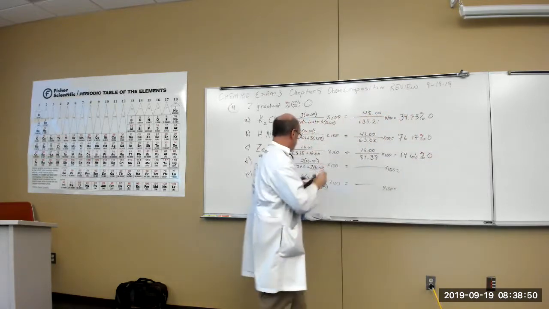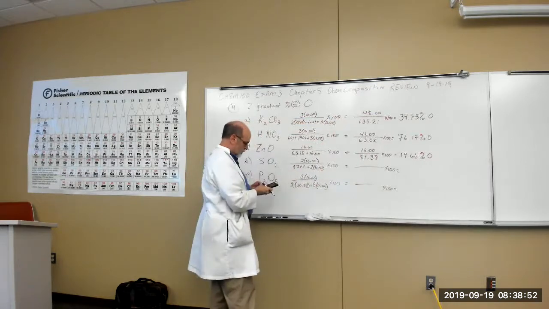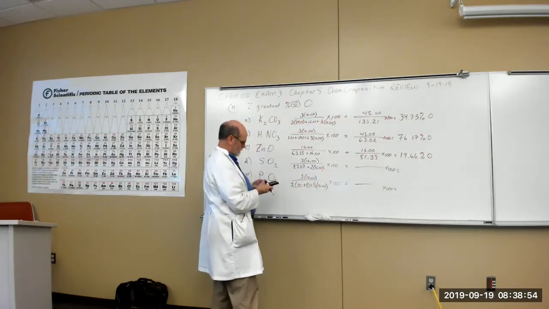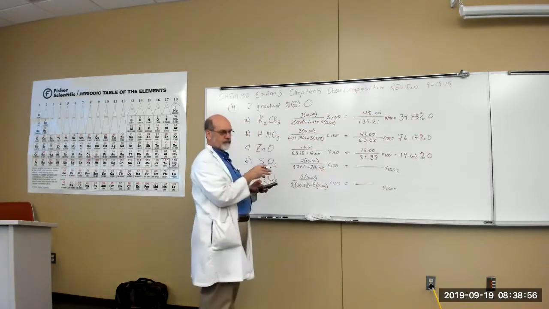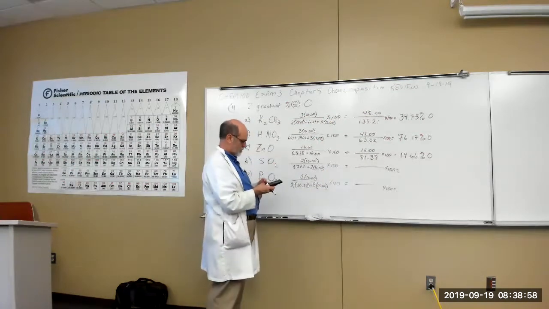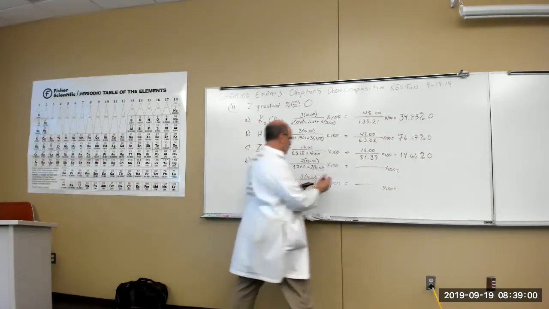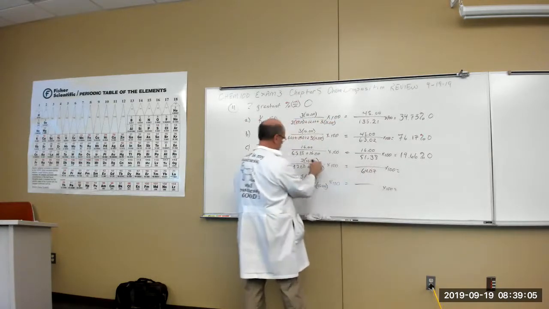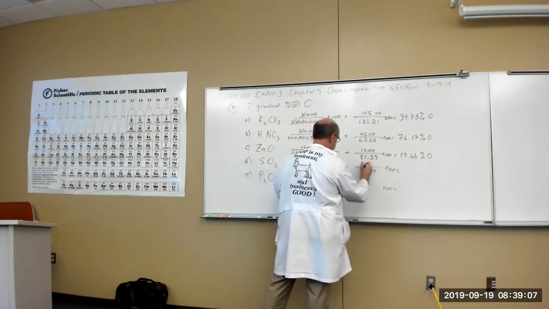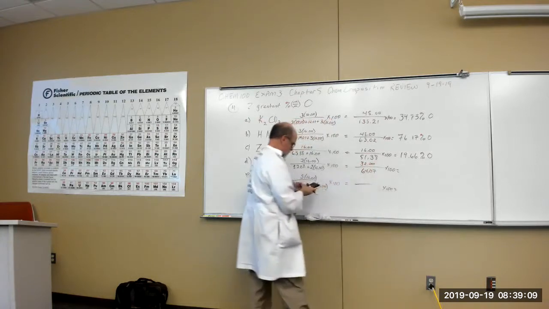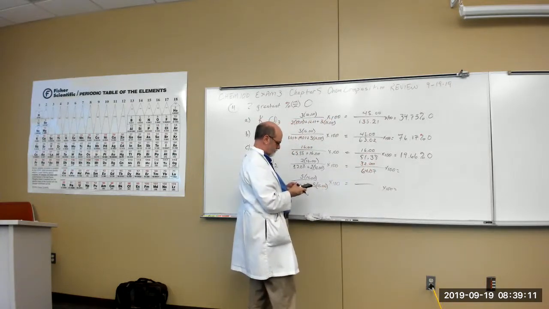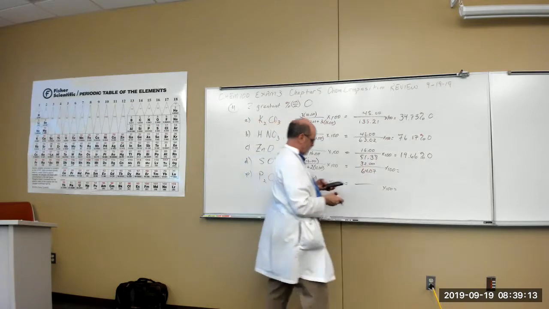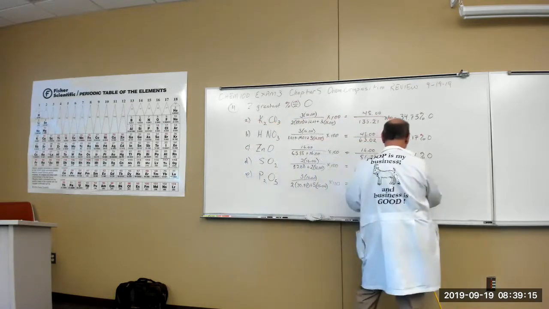Okay. This one is 32.07. And 16 times 6 plus 16 is 32. So this is 64.07 on the bottom. And 32 on the top. 49.95.